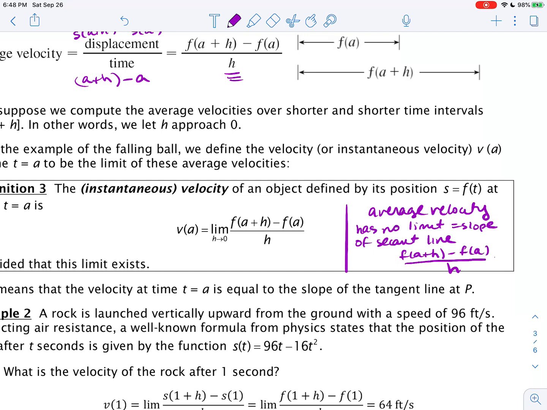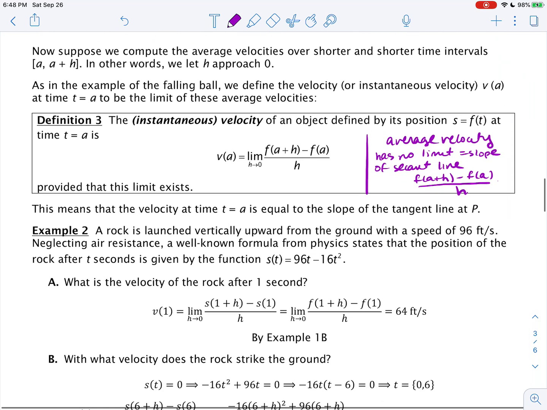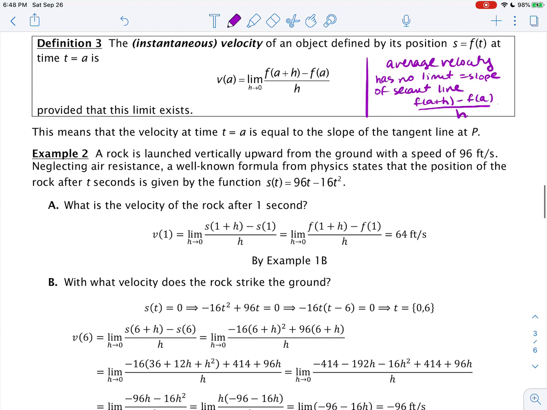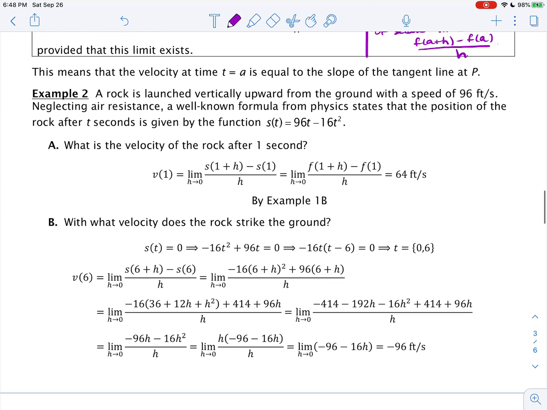But our instantaneous velocity would be saying, let that h go to 0, so let the values of that extra point in taking that slope of the secant line approach our original point a. Good.